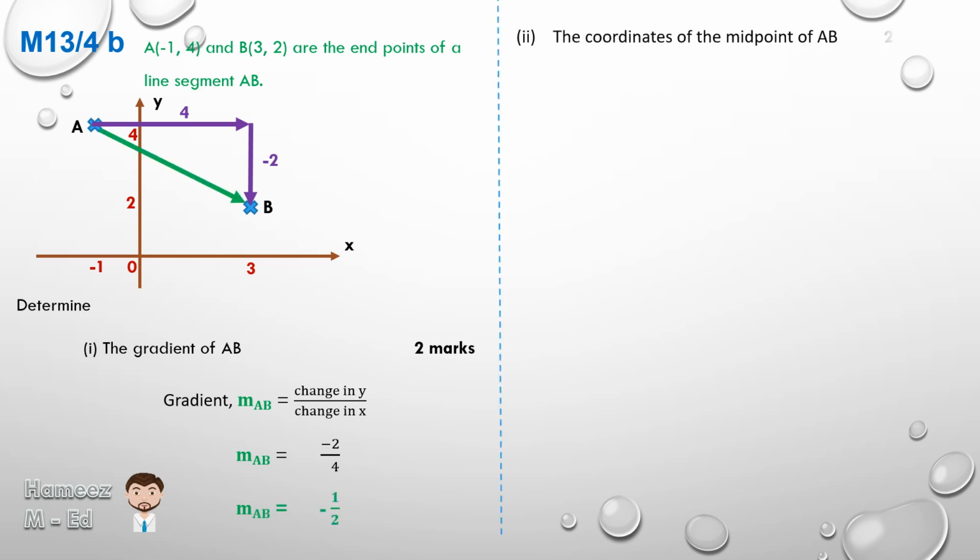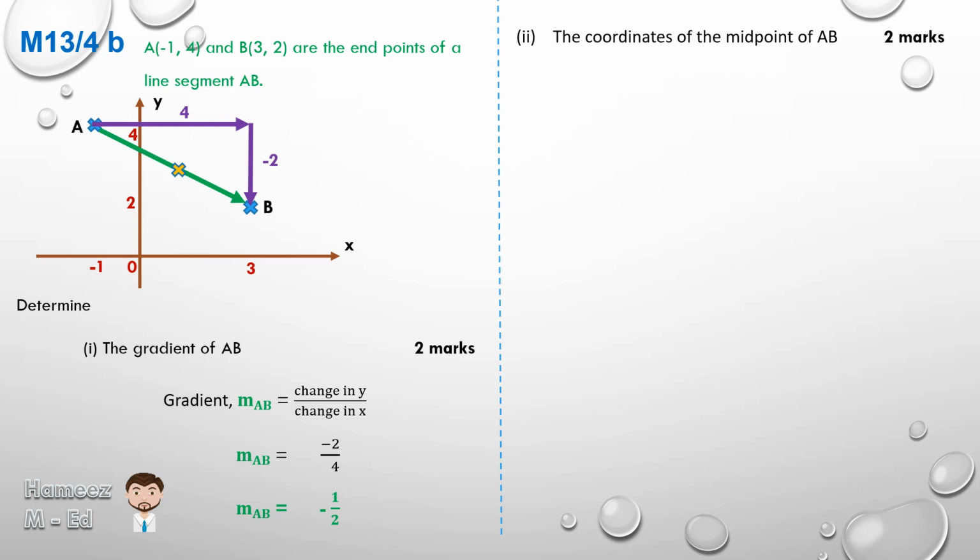Part 2, the coordinates of the midpoint of AB. What we want to do is find the exact middle of AB. Let's put up a little yellow arrow there to give us an idea where it is. It might not be exactly precise, but to find the midpoint of AB, we look at the x coordinates first and then the y coordinates.